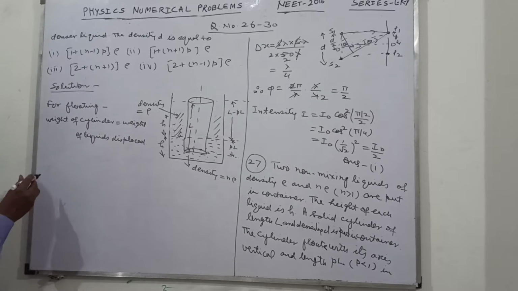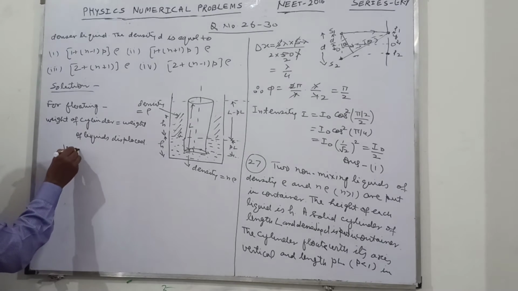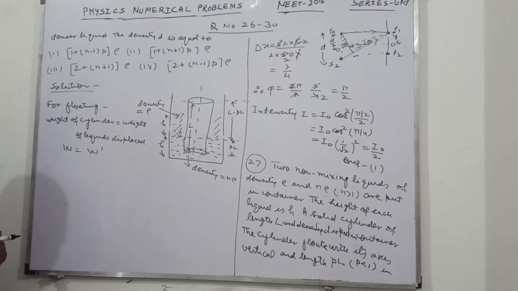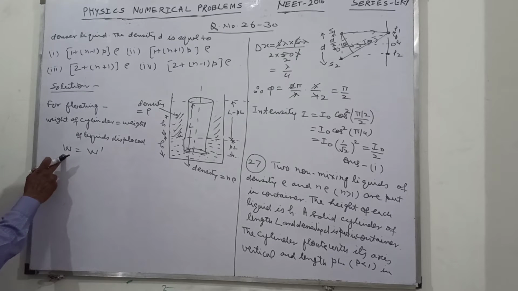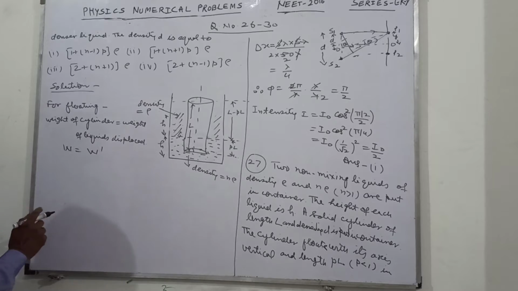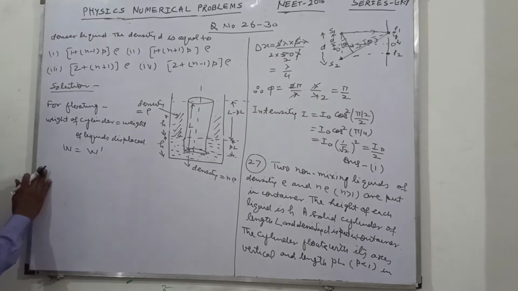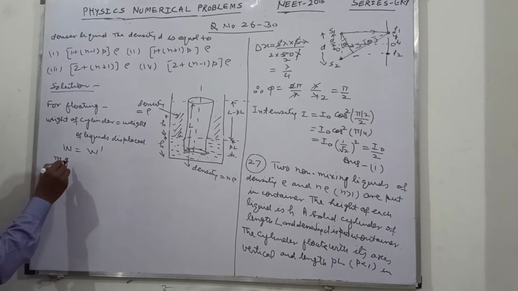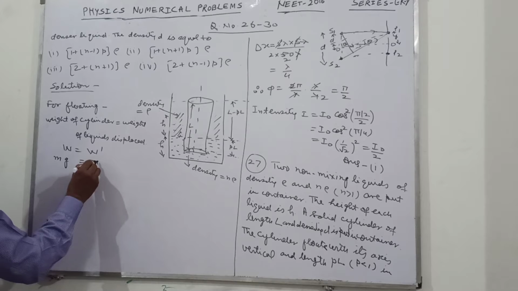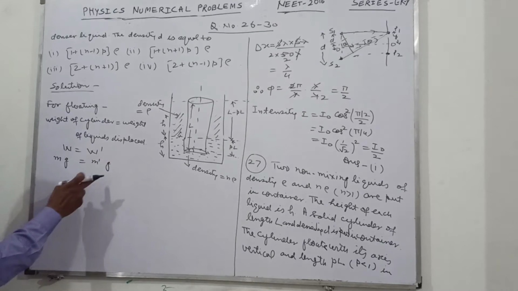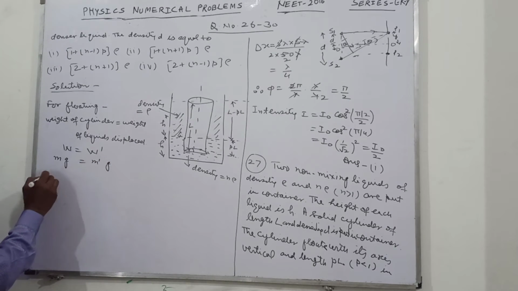So W equal to W dash, that is mg equal to m dash into g. G, the gravitational acceleration, will cancel.